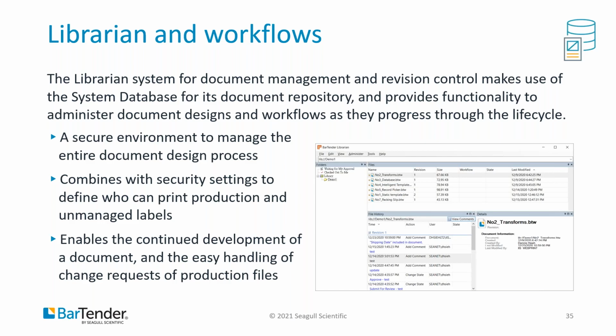And it can allow a document that's going through its lifecycle process to have a property of whether it's a production ready document. So as it gets to a workflow state that is deemed production ready, and for everything else to be either unmanaged or not production ready, and therefore not available for print operators to print as production labels.